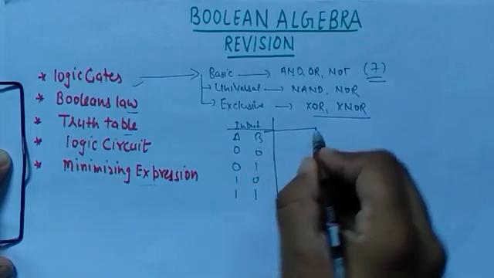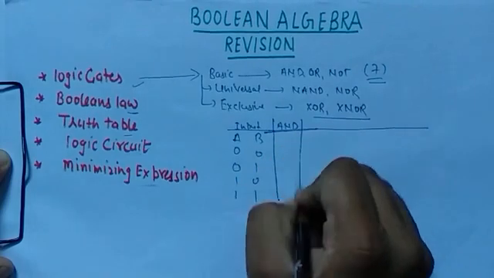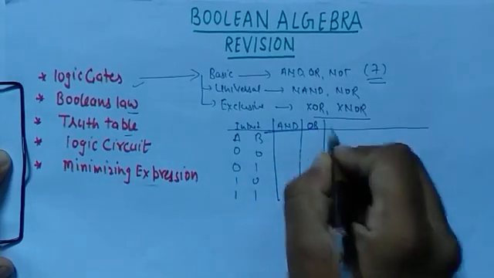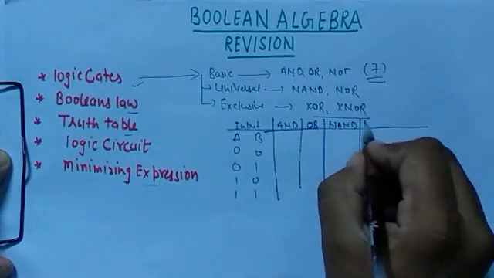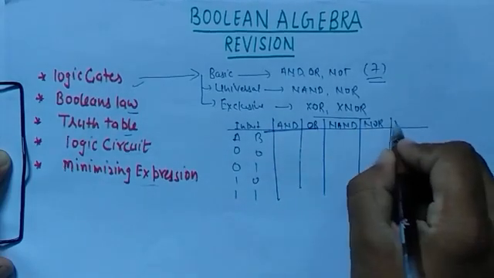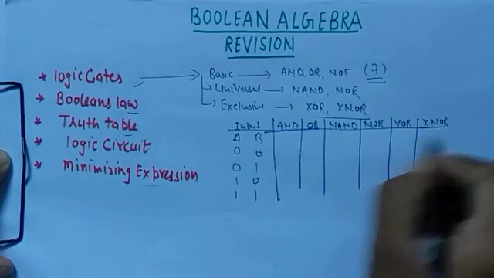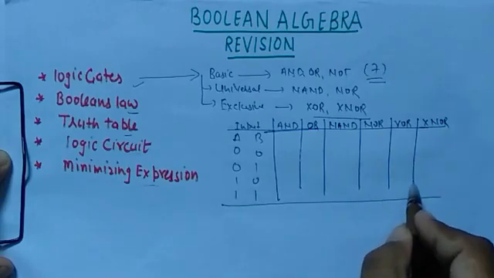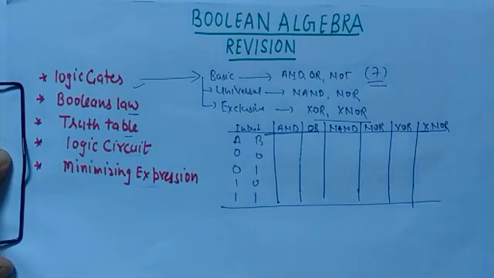If we pass these inputs in different gates: AND, OR, NAND, NOR, XOR and XNOR. The input is the same for all the gates, and if we pass this input in different gates, how will each gate give output?